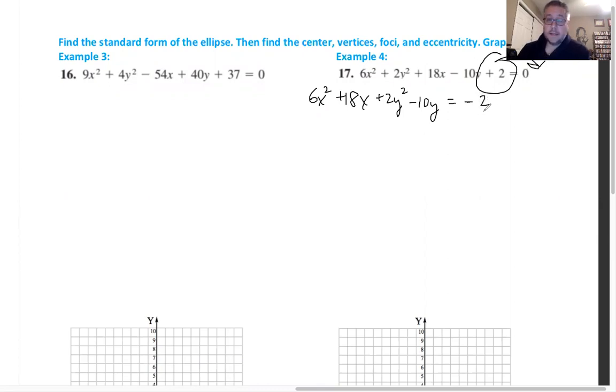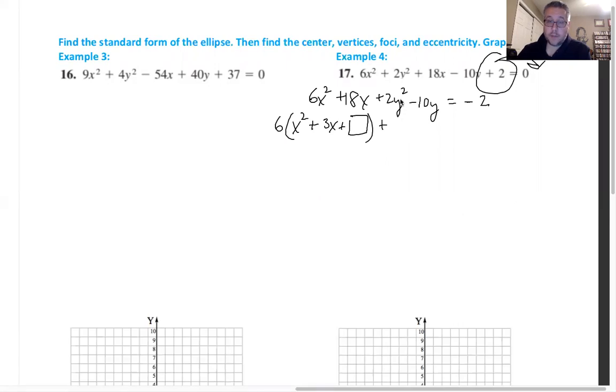All right. Next, we're going to get ready to complete the square. So you take the x squared coefficient. In this example, it's 6. You factor it out. So now you have 6 times the quantity of x squared plus, you have to factor the 6 out of the 18. 6 goes into 18 3 times, plus our constant placeholder.